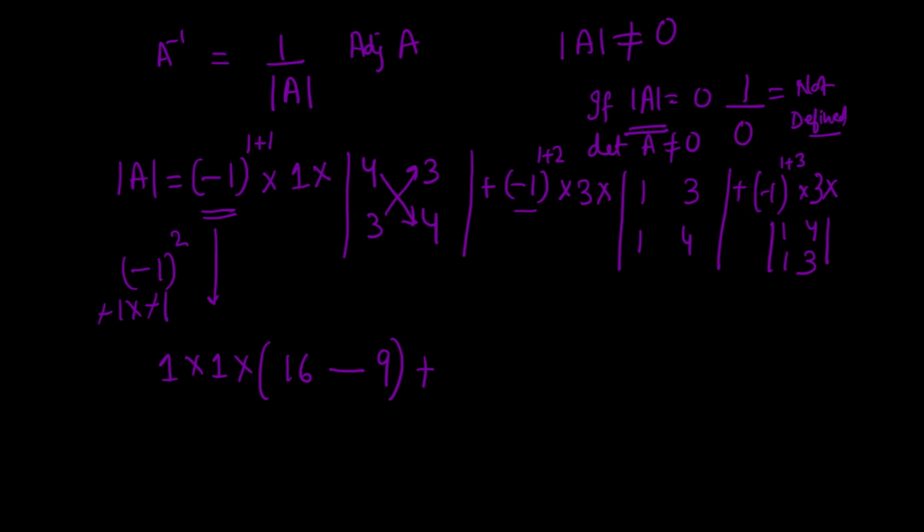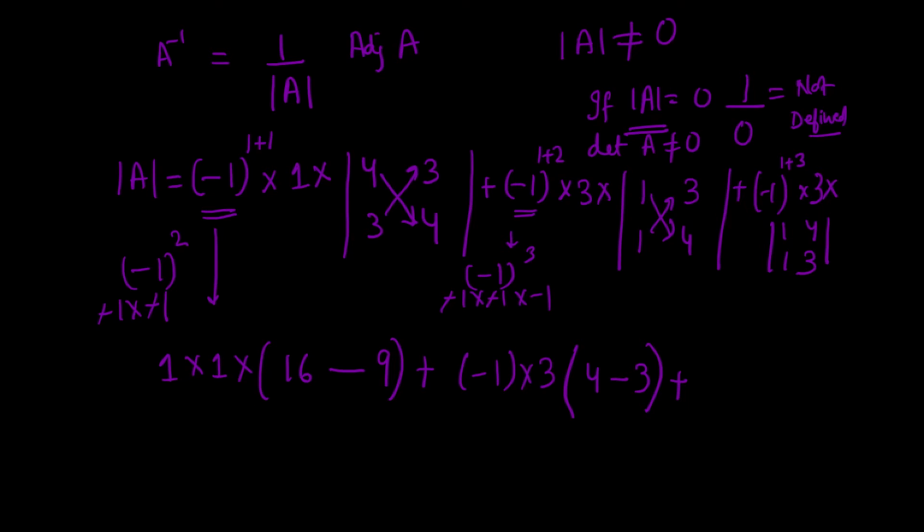Then plus, this is minus 1 cube, which means minus 1 is multiplied 3 times. So the pair of negative signs get cancelled, but you are left with 1 negative sign. So this becomes minus 1 times 3, and then you need to solve this: 1 times 4 is 4 minus 1 times 3 is 3.